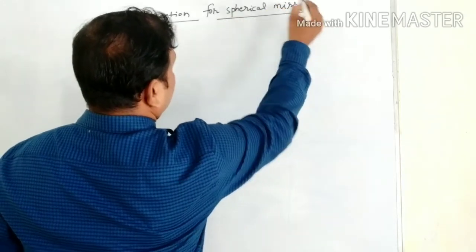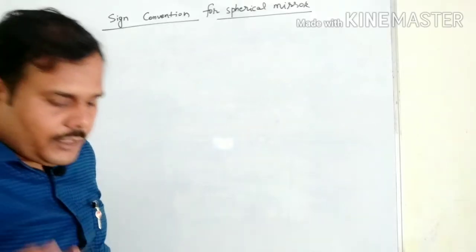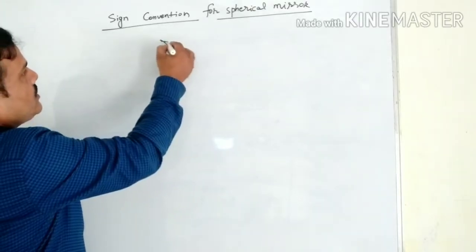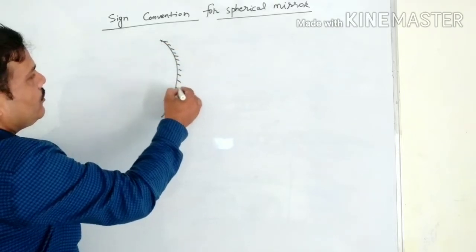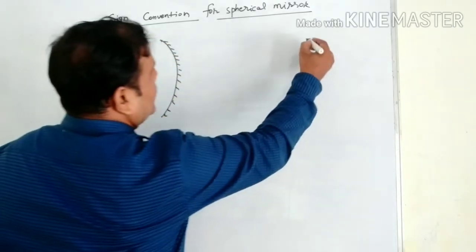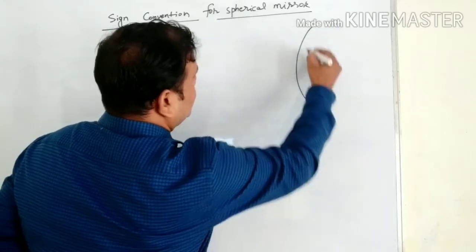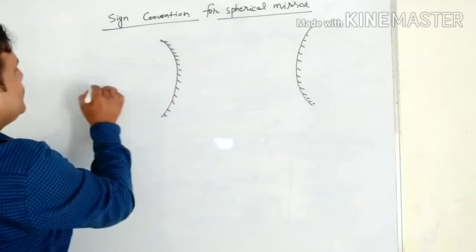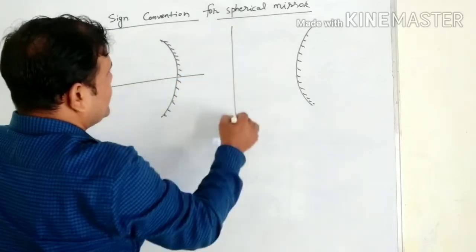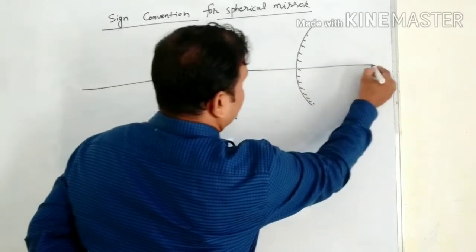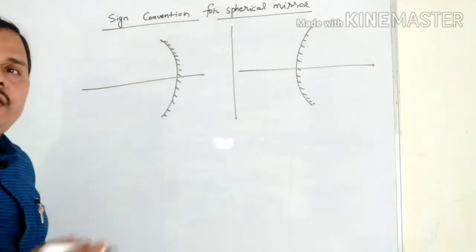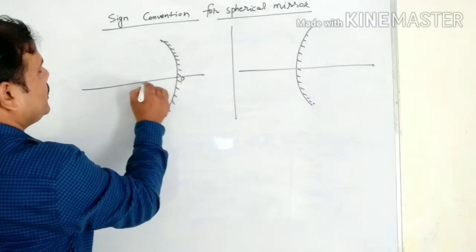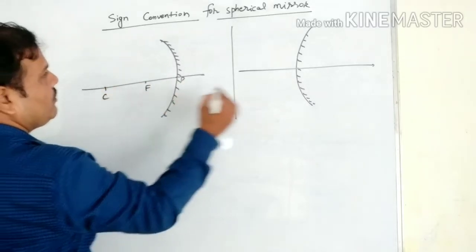Okay children, so how will we use this? See, this is the concave mirror and here I am making a convex mirror. You will see that in both cases the sign convention is the same, nothing is different. This is the pole, here I am taking the focus, this is the center of curvature.